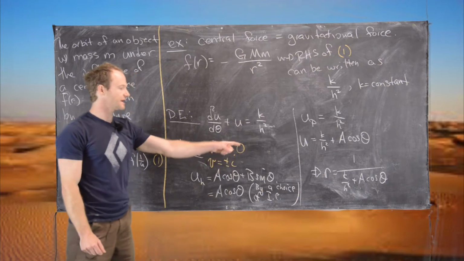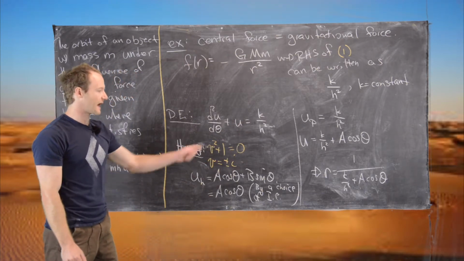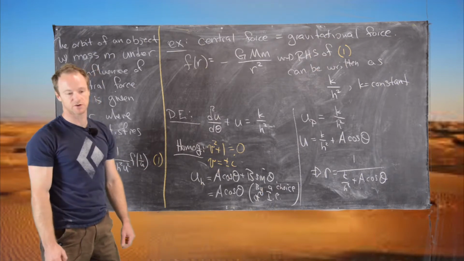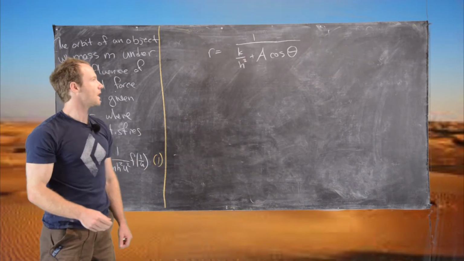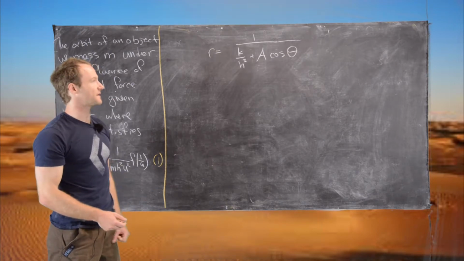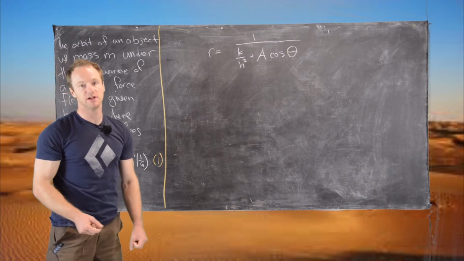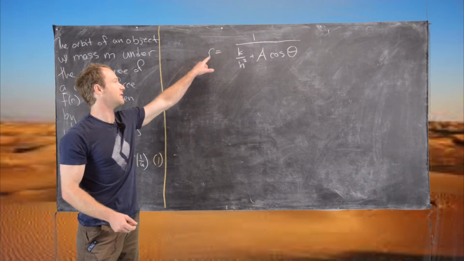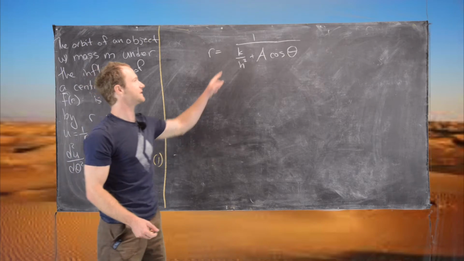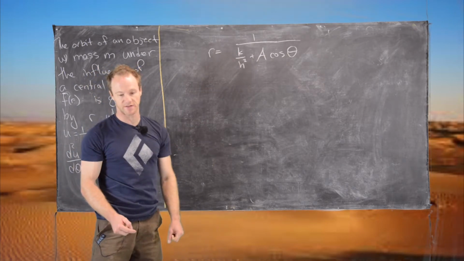Good. So I'll clean up the board. This is technically the solution to our orbit, and then we'll talk about the solution a little bit more carefully. Okay, so previously we had proved that the orbit traveled by this object in this gravitational central force is given by the following. So r, as a function of theta, is given by 1 over k over h squared plus A cosine theta.